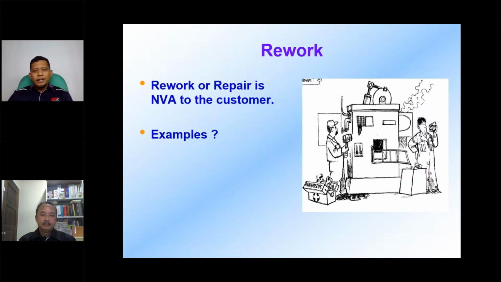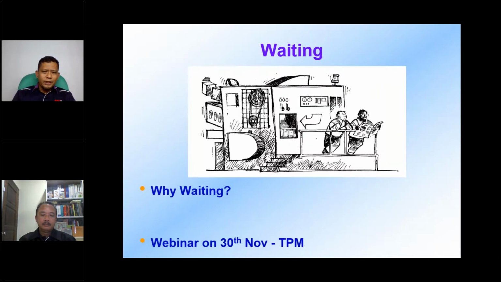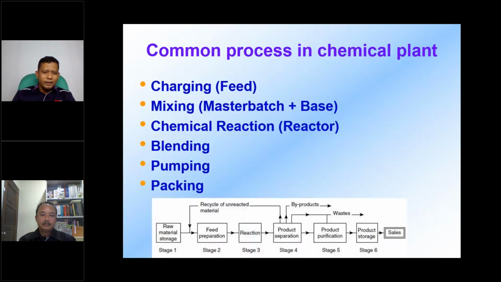And I move to rework. Okay, rework or repair. Sometimes in the chemical plant, rework is quite common. We show back to this slide. When in the reaction process, for example, under this part, reaction process. Basically, if there is a big plant, the problem in here is there is some chemical that did not react well, so we have to reprocess it.